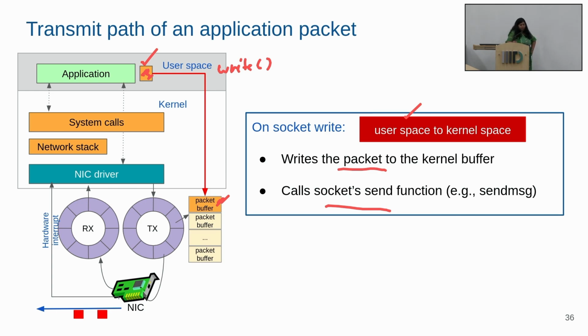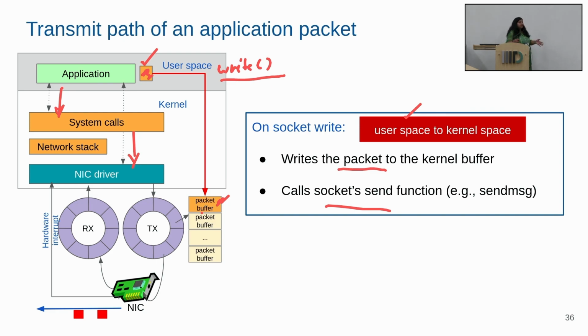Packet buffer is managed by the kernel and the NIC, that is, the driver and the NIC. So what happens is when you make a write syscall, that write syscall will invoke the syscall routines, and this syscall routine basically calls the driver routine, and this driver routine will mem copy it from the application space, the user space, into the packet memory.